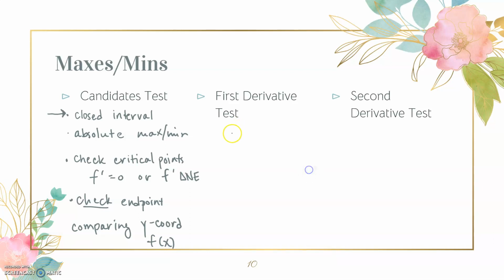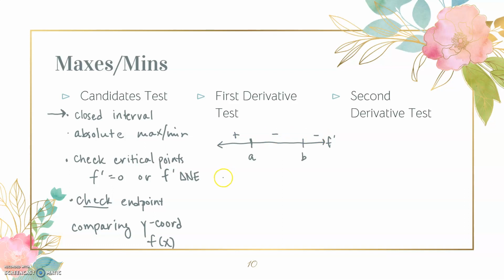The first derivative test is the one that we usually do a sign chart for, but the sign chart is not the justification. You might be doing a sign chart, you might say that there's a 0 on your derivative at a and b, and maybe your first derivative is positive, and then negative some more.